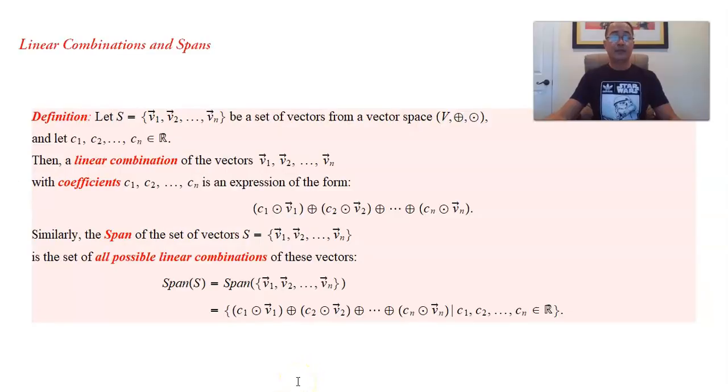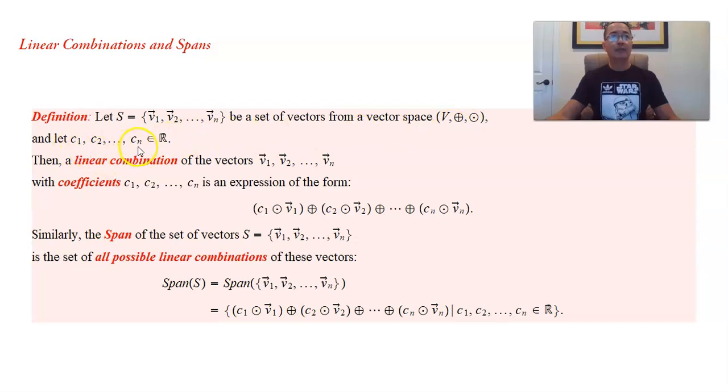So the definition of a linear combination for an abstract vector space is essentially the same as that which we saw in chapter 1. So let's suppose that V1 through Vn, which make up our set S, is a set of vectors from some vector space V under this addition and scalar multiplication.